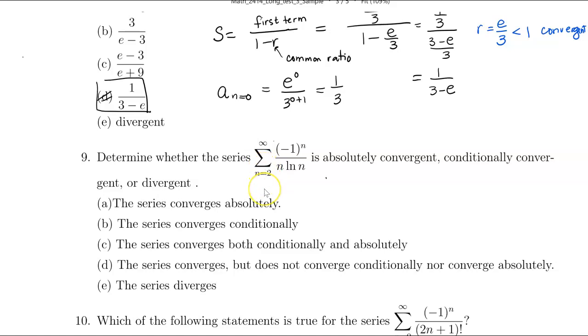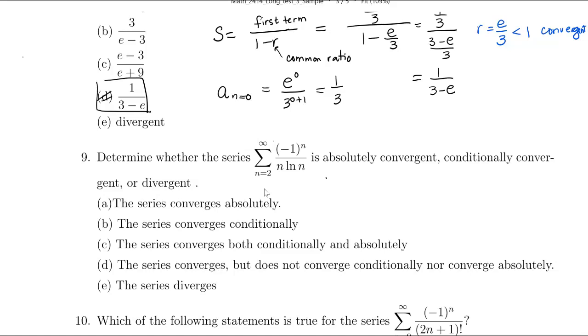Okay, so let's work on this series. First, we might want to find the absolute value. Let's check first. If you take the absolute value and you get a convergence, that means the series is absolutely convergent. And if it's absolutely convergent, the series is convergent.